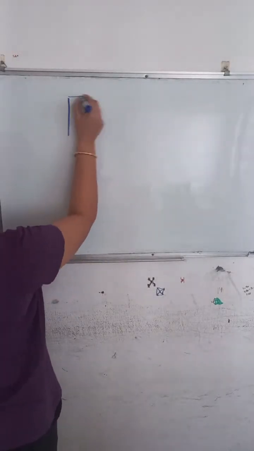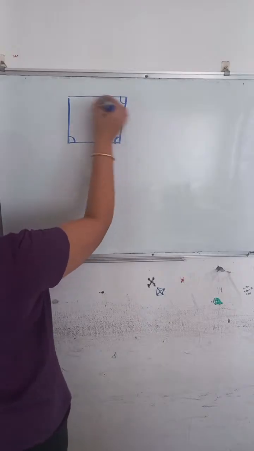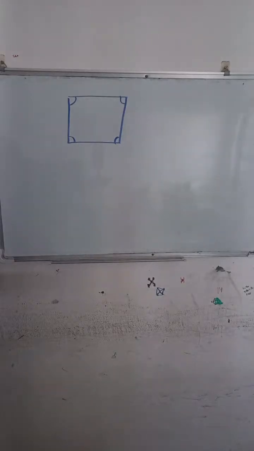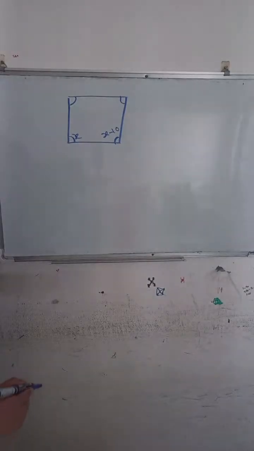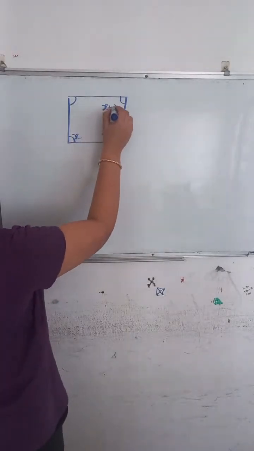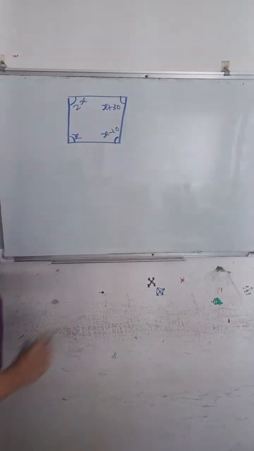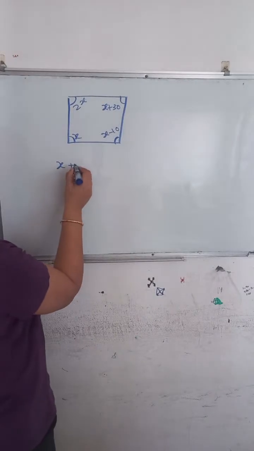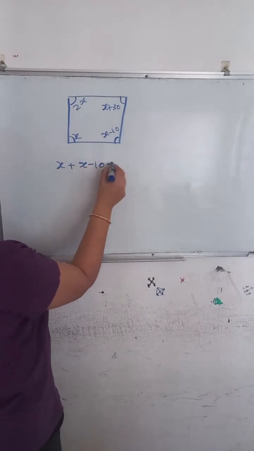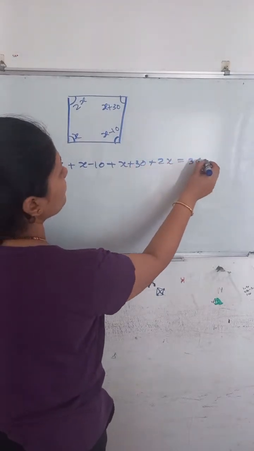So here any quadrilateral they gave, and they are saying the angle values are in terms of variable, that is x, x minus 10, x plus 30, and 2x. Okay, we know that any quadrilateral, the angle sum is 360, so you can take x plus x minus 10 plus x plus 30 plus 2x is equal to 360.